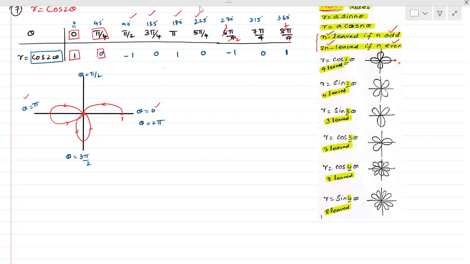Now 270, it will be here, but it is negative 1. Negative 1 will be in the opposite direction here. It will be positive there. Now 7 pi over 4, which is 315, which again goes to 0. This is 6, this is 7. And it will reach the final destination, which is 1.